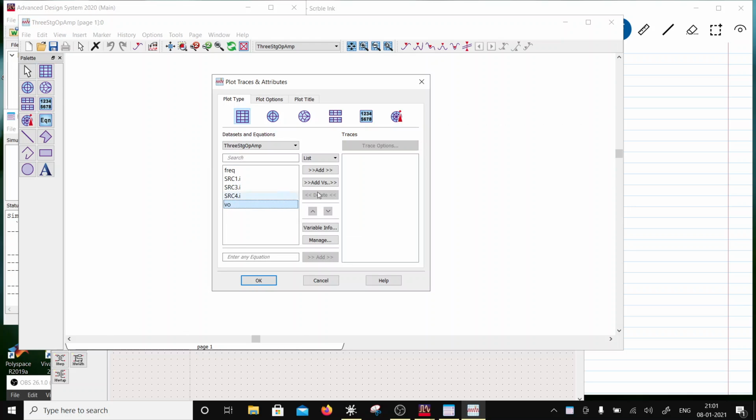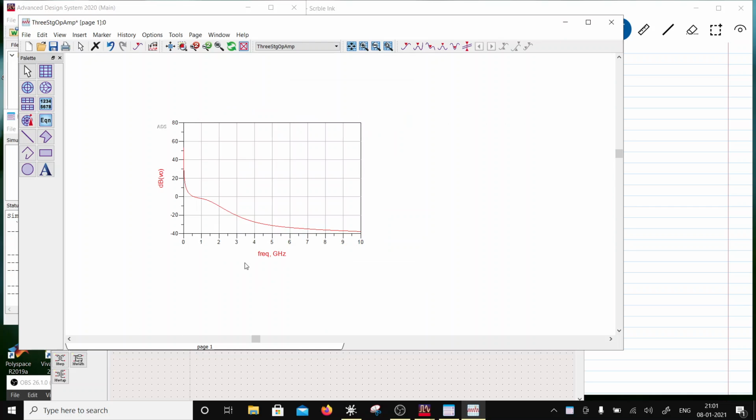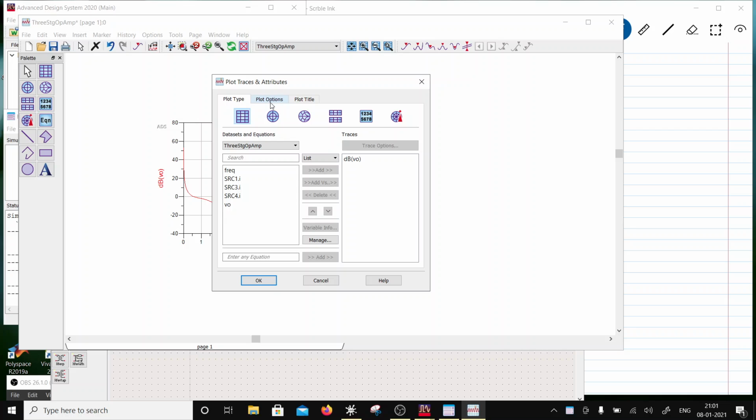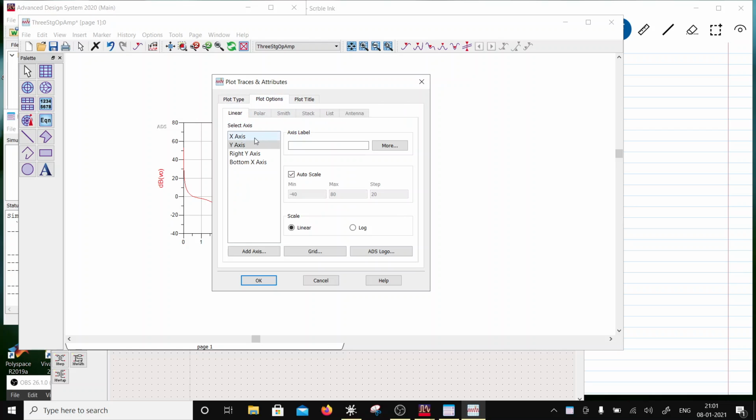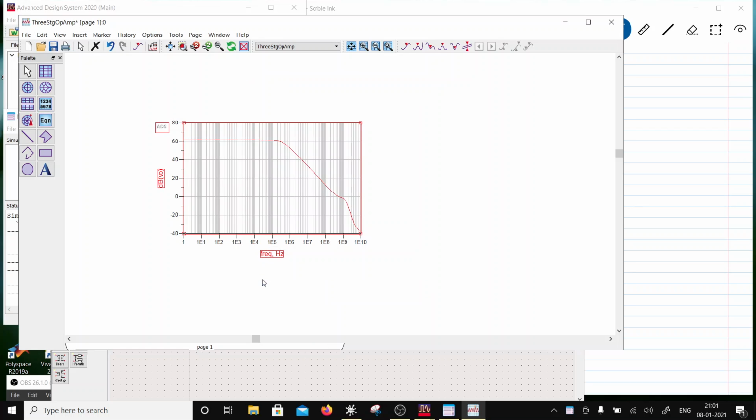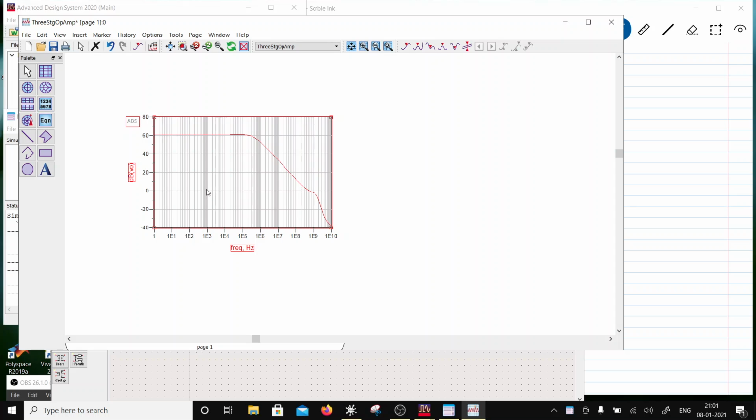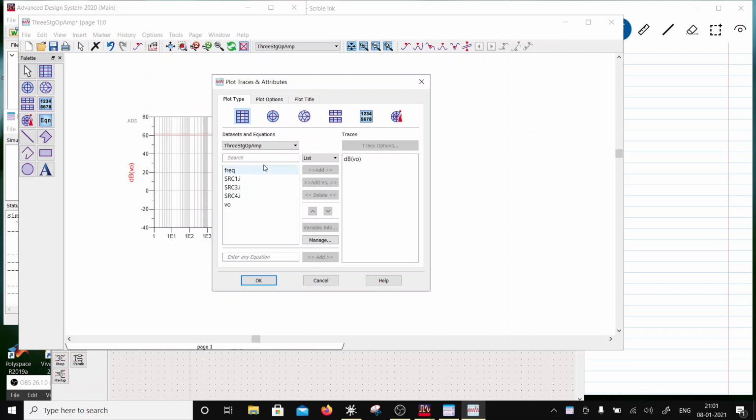And I'm going to plot VO in dB, and I am going to use a log scale on the x-axis. This is the gain, and I will compare it with the gain of the two-stage op-amp. So the two-stage op-amp is over here.